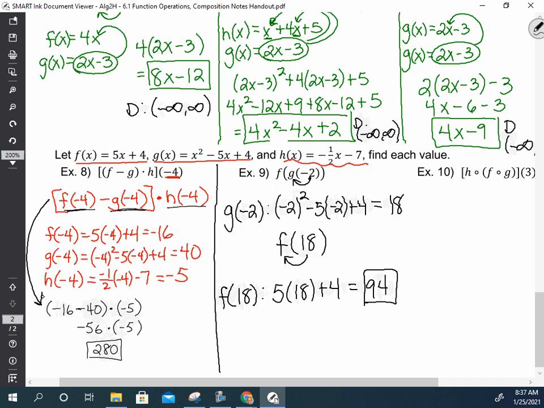That's what a composition problem is. It's a two-step problem. Take what's on the inside, plug it in, get your answer, take your answer, plug it into the next function that's left over. You start from the inside, you work your way out.